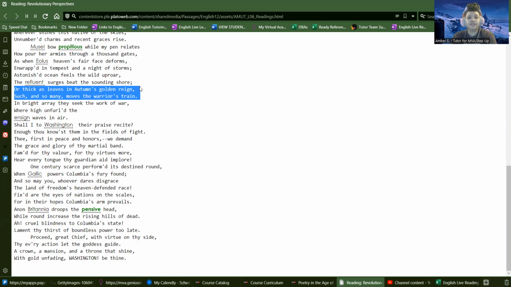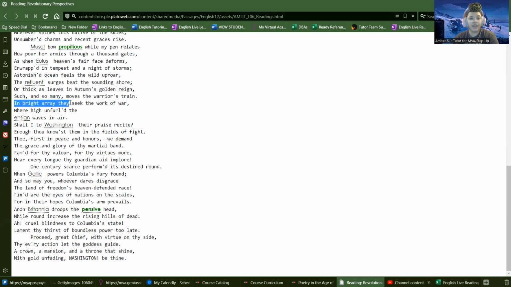And then it says, such and so many moves the warrior's train. So the warrior's train is basically just the force of the armies coming through. And she's making a second comparison here and saying that there are so many soldiers fighting on the field that it's as clogged as golden leaves during autumn, like in the trees and on the ground. And you can tell that's what she means because she says such and so many.